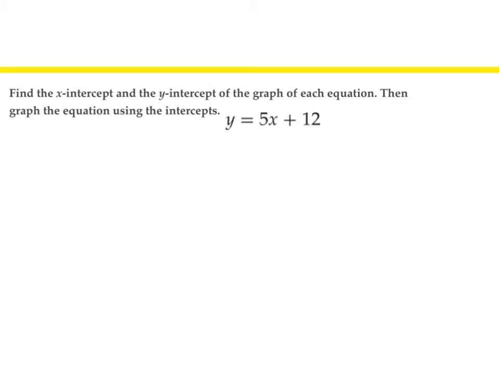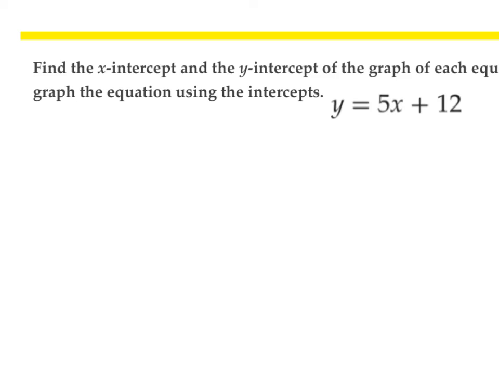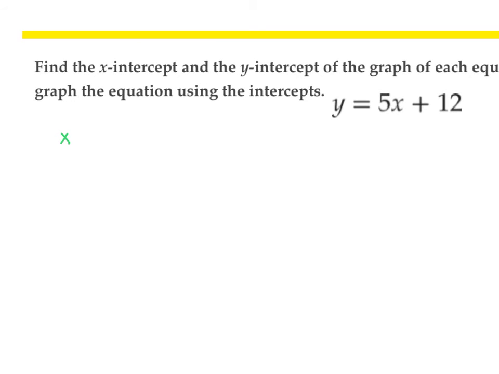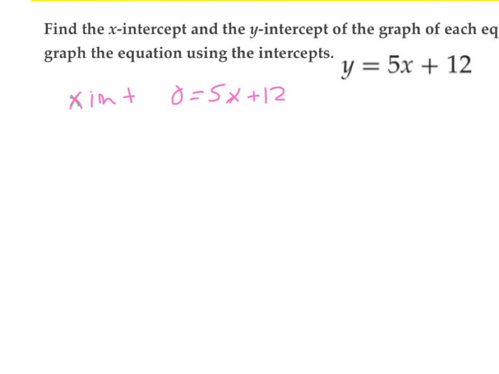So for our x-intercept, which one has to become 0, the x or the y? The y. So for our x-intercept, we change y to 0, so we have 0 is equal to 5x plus 12. Now how would we solve for x? Subtract 12. So we get negative 12 is equal to 5x.